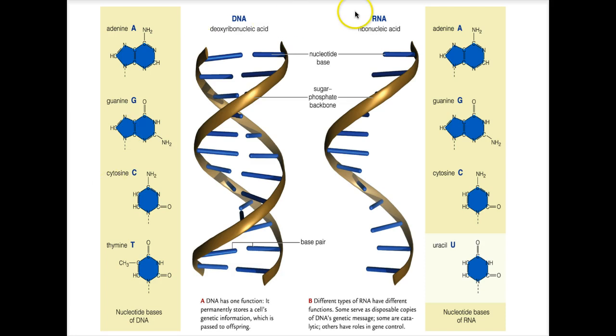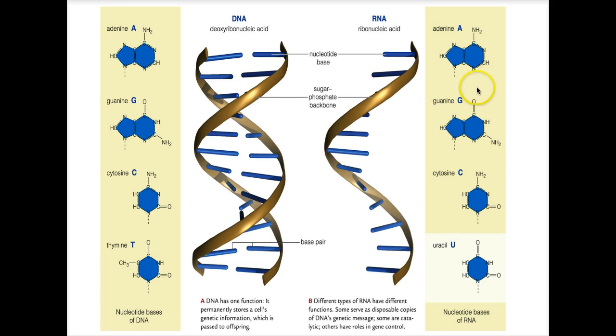So now let's go over here and compare RNA to the DNA. We can see a similarity in that we have a sugar-phosphate backbone. Recall a uniqueness with the RNA is that instead of having deoxyribose as your 5-carbon sugar, you have ribose as your 5-carbon sugar. Notice another difference with the RNA is it's single-stranded, not double-stranded. These bars are representing the nitrogenous bases of RNA. There are two types of nitrogenous bases in RNA, just as we saw in DNA.